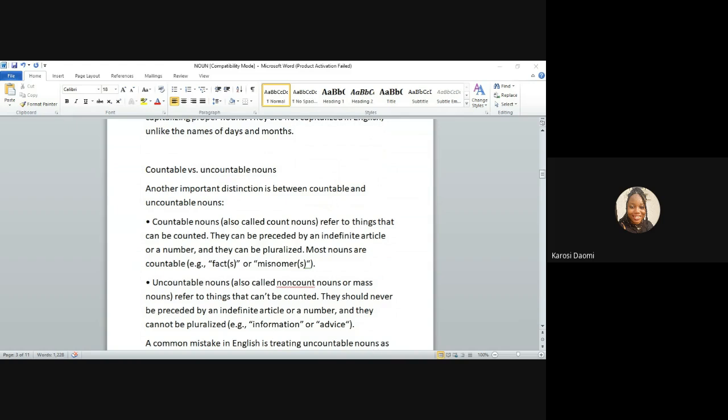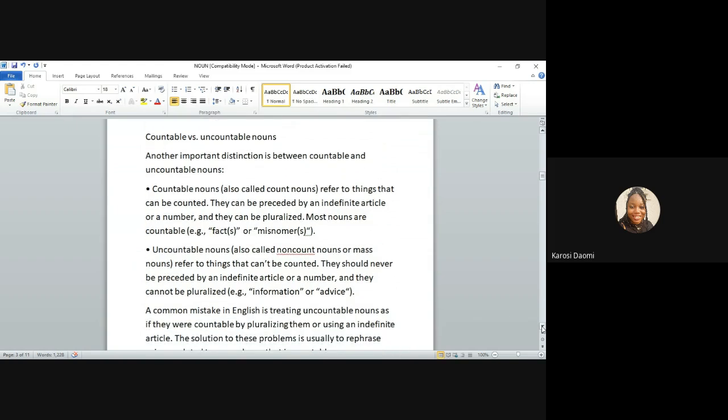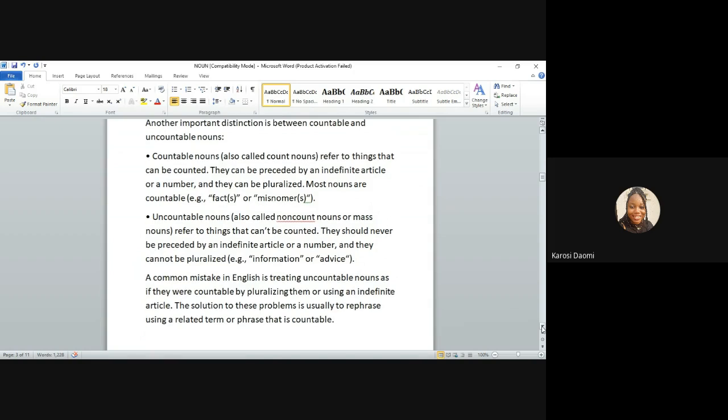Now, one thing that you do when it comes to uncountable nouns is that most times you qualify them to be able to use them. You have a measuring meter for uncountable nouns. I like to say measuring meter. You use a way that you can measure what you want to identify in uncountable nouns.